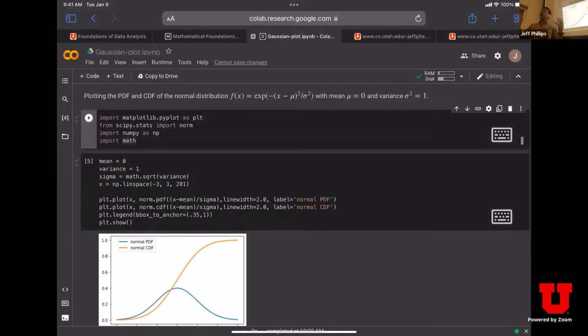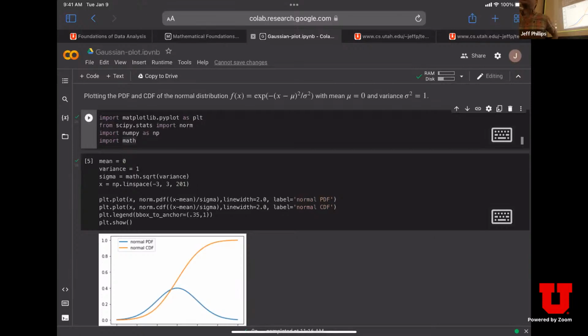NumPy is not quite as natural as MATLAB, but it's quite good, as we'll see throughout the semester. We're only going to use this to store the data we're going to plot, and then a math library because I have to take a square root. Okay, and you have to load those all in.